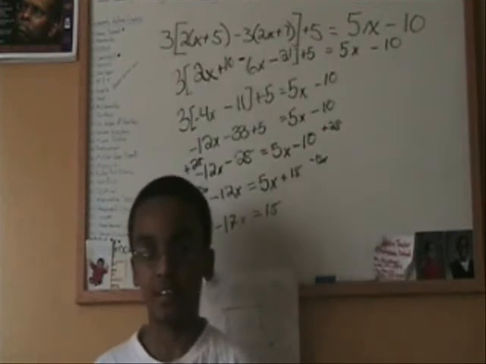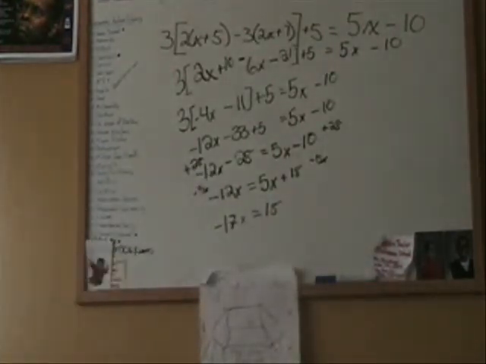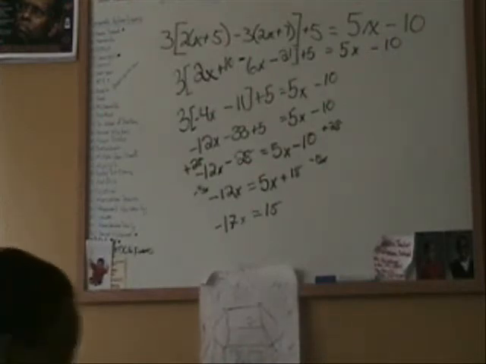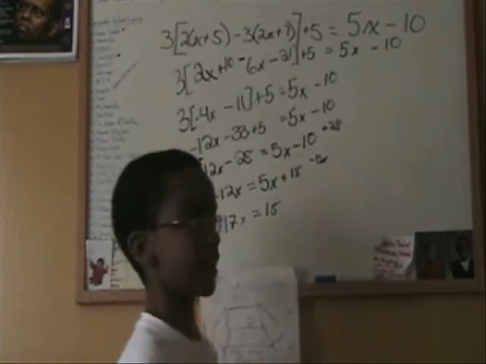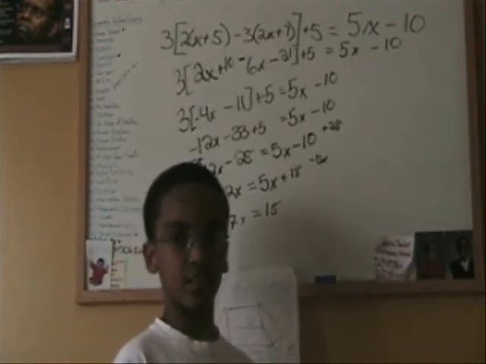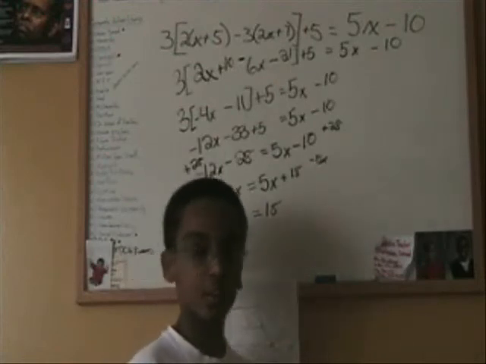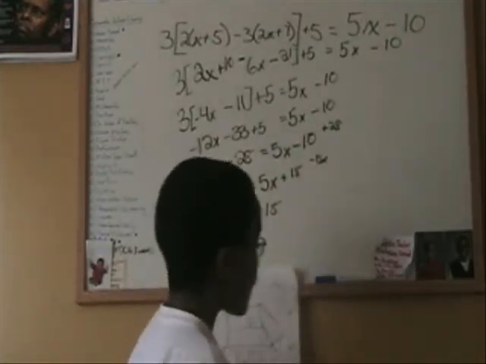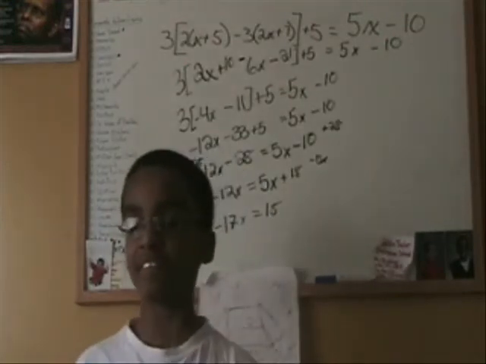So why is this any different? They're just different numbers. You do the same thing that you just did with the 2x equals 6. When you had 2x equals 6, did you divide 2x by both sides? No. Oh, now we divide both sides by negative 17.